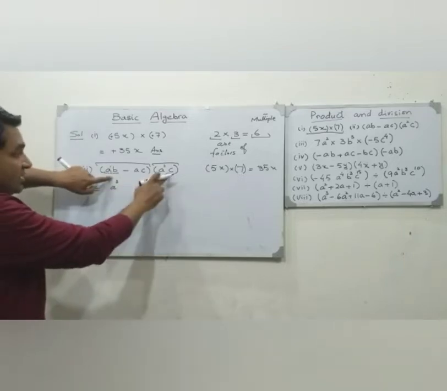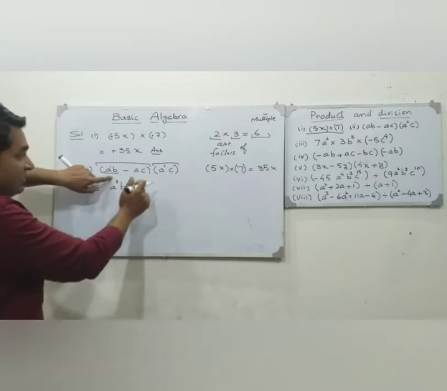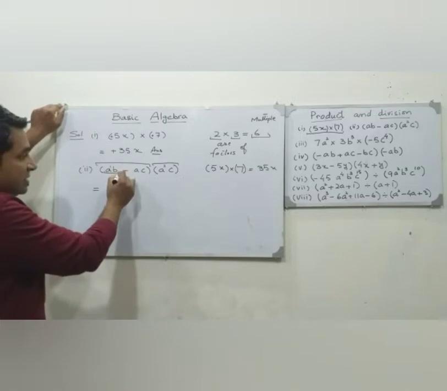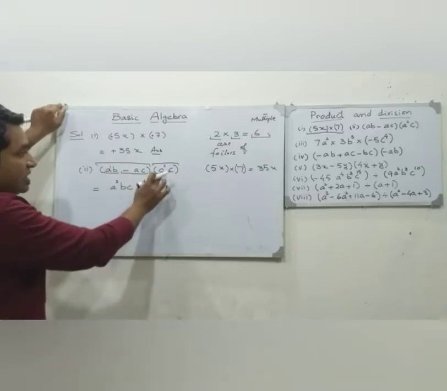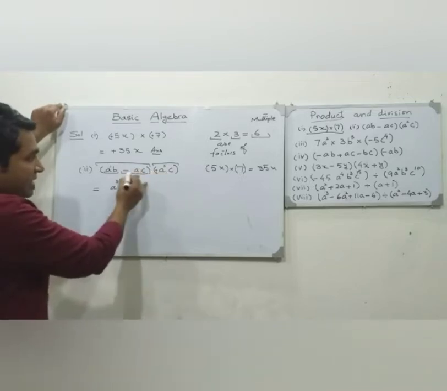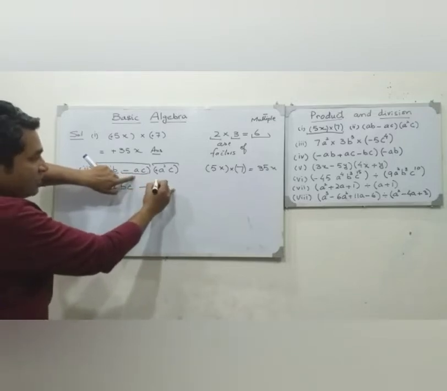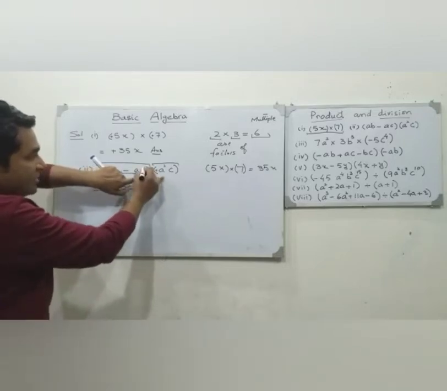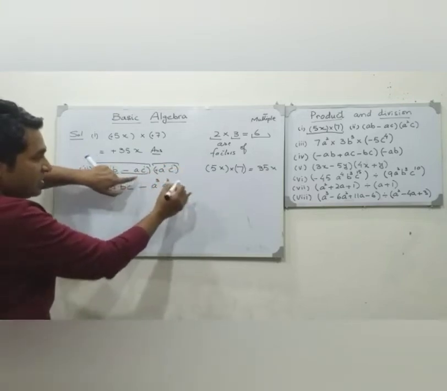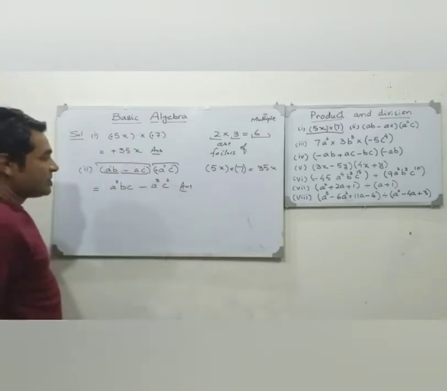B is only 1 because we don't have any other B, so it will remain as B, and C will remain as it is. In the same way, now this term with its sign is going to be multiplied with this term. This is minus, this is plus, minus times plus is minus. A times A square is A cube, and C times C, its power is 1 and its power is also 1, so C times C is C squared. So this is the answer of this product.